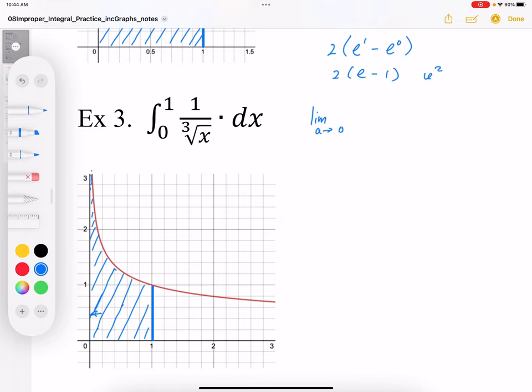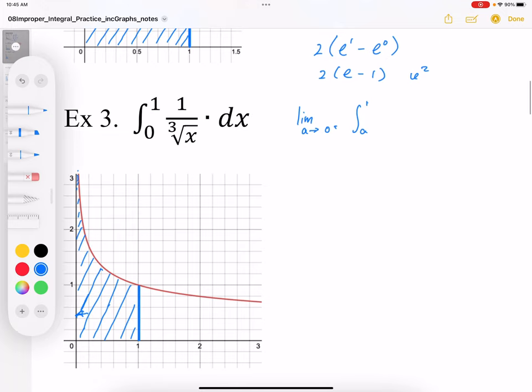Okay, I'm approaching it from the positive side. This is going to be the integral of a to 1. A is my lower bound, 1 is my upper bound, and I'm just going to write this with a negative exponent. Just makes it a little bit easier to anti-differentiate. Okay, so there's my integral.